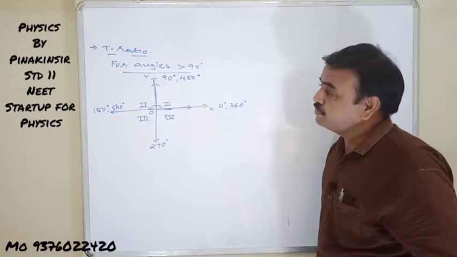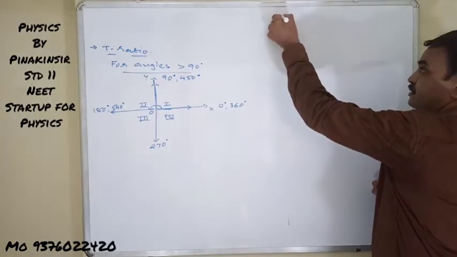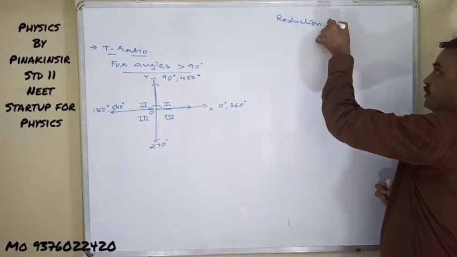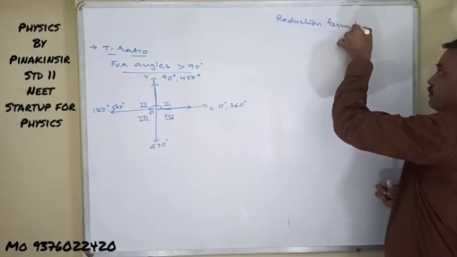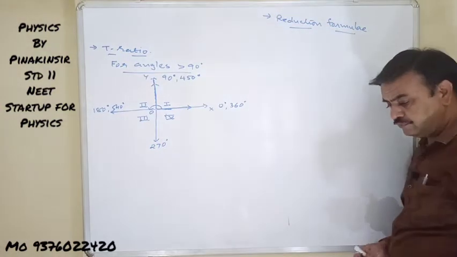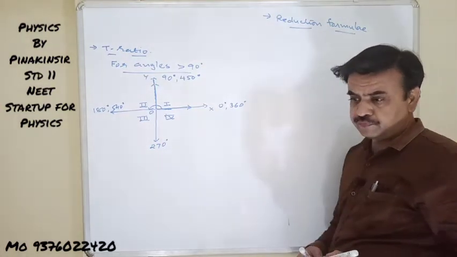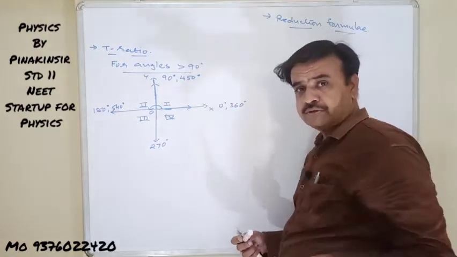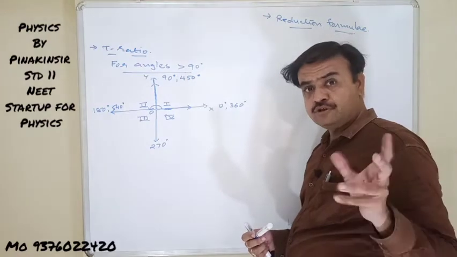And for that purpose, we have to memorize the reduction formula. This one is now important. The reduction formula is for finding values of trigonometric ratios for angles greater than 90 degrees. Let us check these quadrants in two ways.